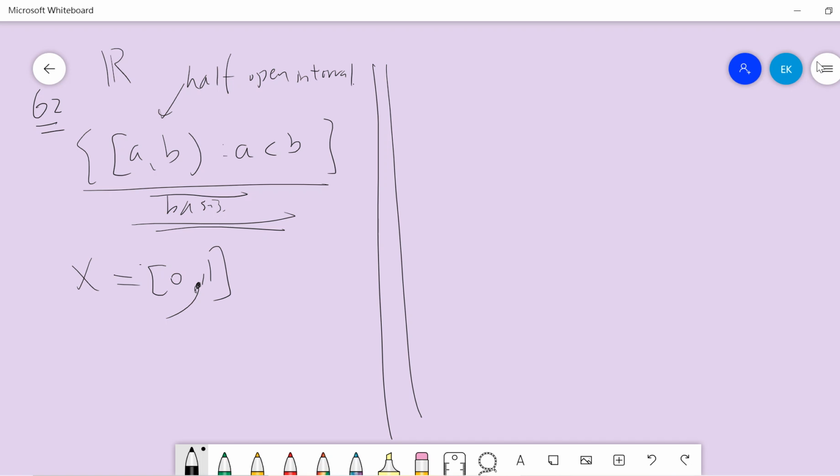So each half open interval is open, and any union of such intervals is open. Oh, it's very tricky.